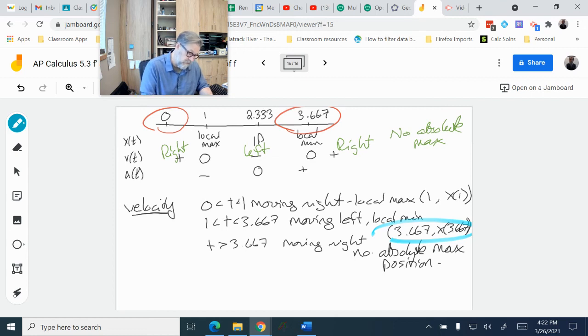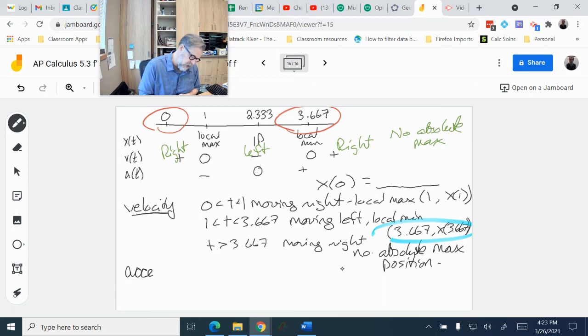If it's less than 0, then that's the absolute minimum. But if it's positive, then 0 is the absolute minimum. Let's be careful there, because we also have an initial position, which we would have to calculate. So one of those will be an absolute minimum, and one of them will be a local minimum.